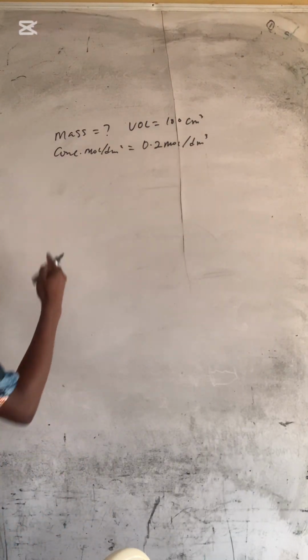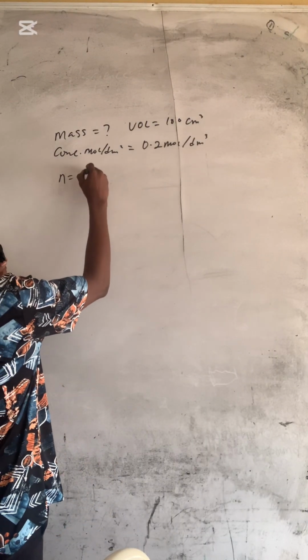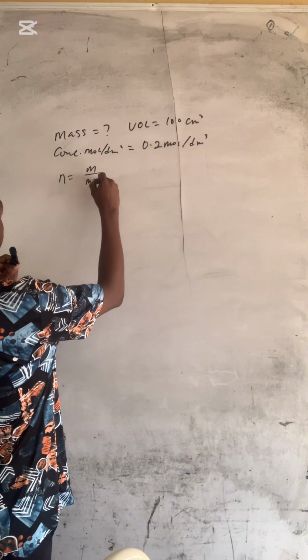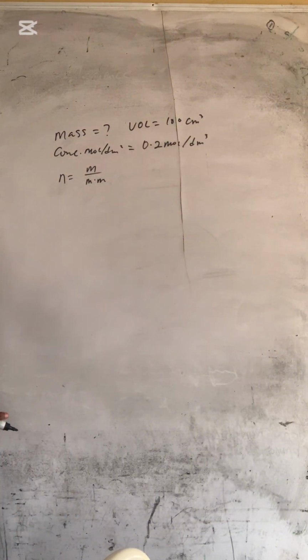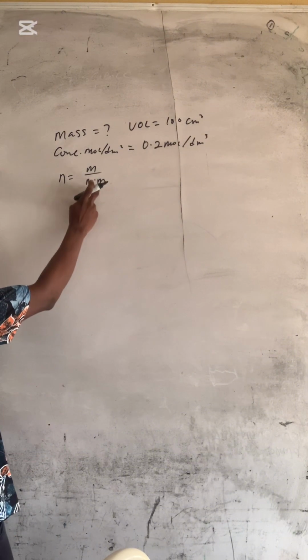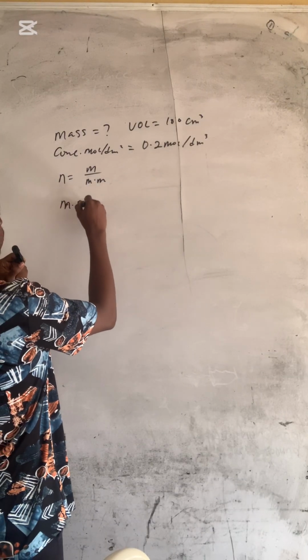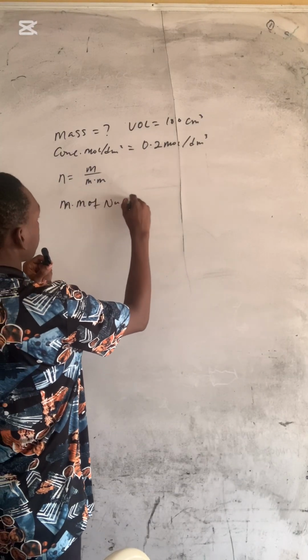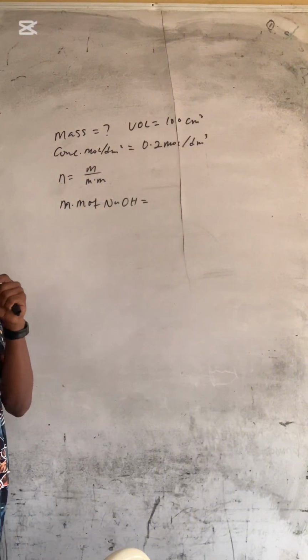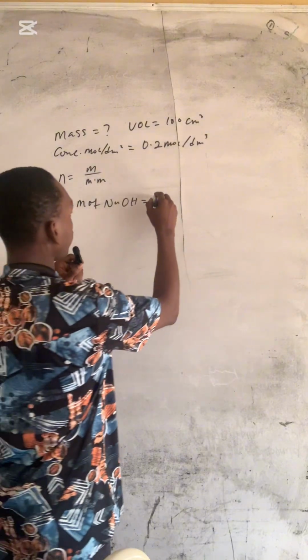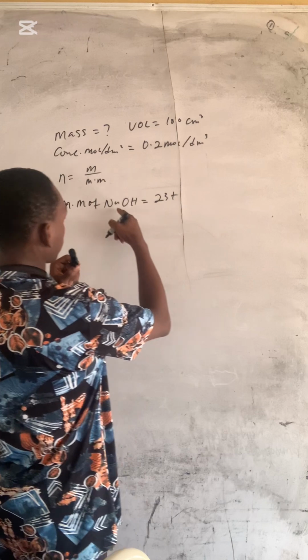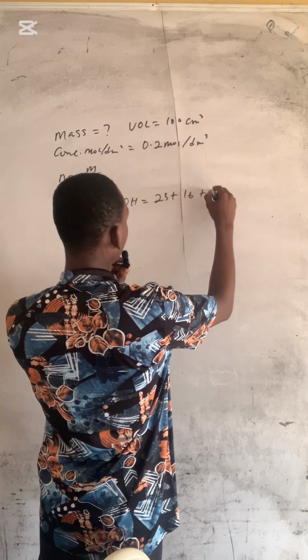But recall that number of mole is equal to mass all over molar mass, right? Number of mole is mass all over molar mass. And how do we get the molar mass of sodium hydroxide? The molar mass of NaOH. We are also given in that question that sodium is 23, oxygen is 16 and hydrogen is 1.